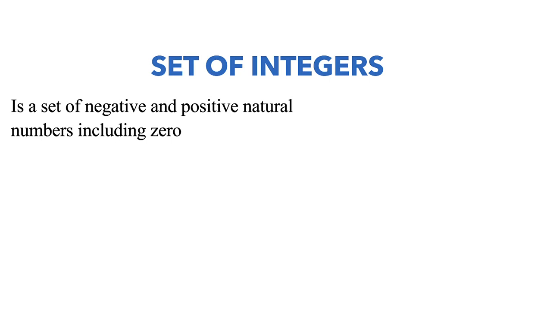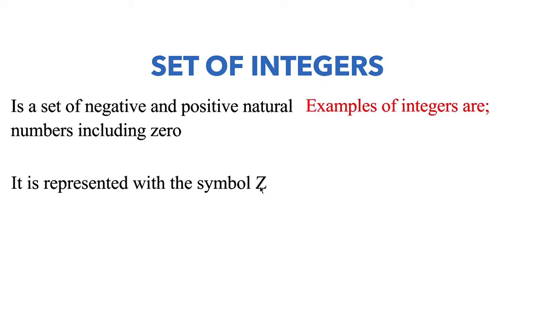Now we look at the set of integers. Integers are a combination of whole numbers and natural numbers, or we can say it's a set of negative and positive natural numbers, including 0, and the symbol is Z. Examples of integers include negative numbers, 0, and positive natural numbers.